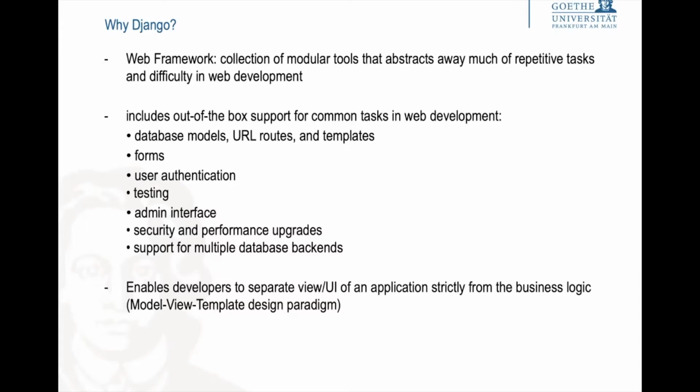Because of that, it's also used to build very large scale web applications. So the sky is basically the limit when building applications with Django. But this also means that it's hard to cover all this in one presentation. So we will basically focus on the database models, URL routing, and templates for the rest.